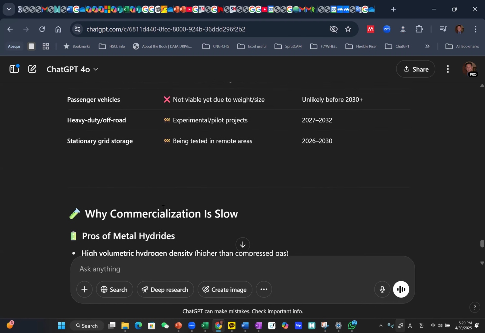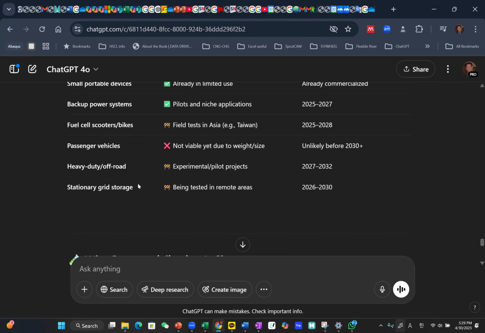Anyhow, I don't want to challenge them, but the heavy-duty experimental pilot. You see, this is a heavy-duty truck. So 2027 to 2032, five years from now on, it can be kind of commercialized.